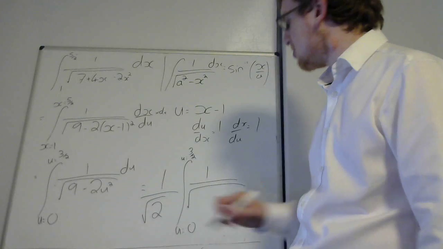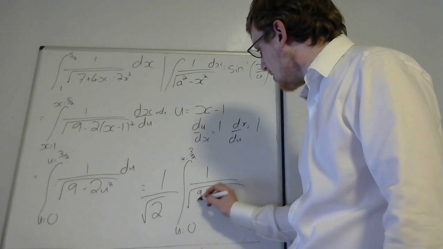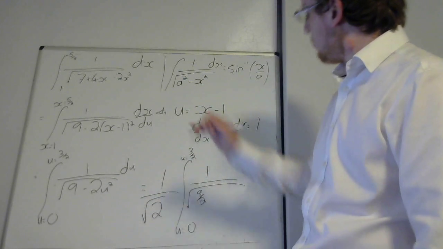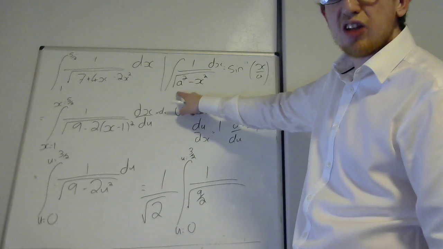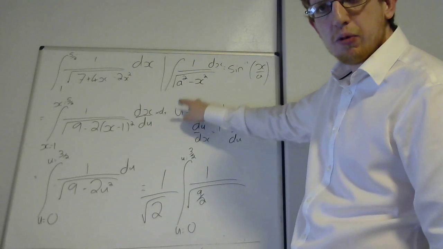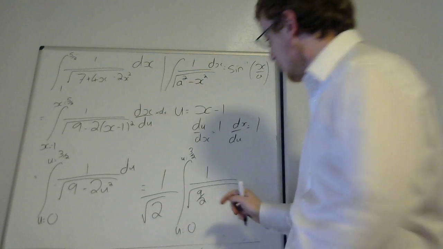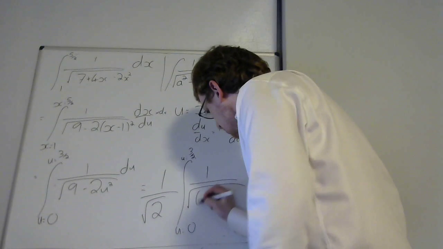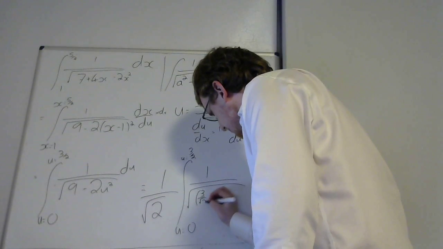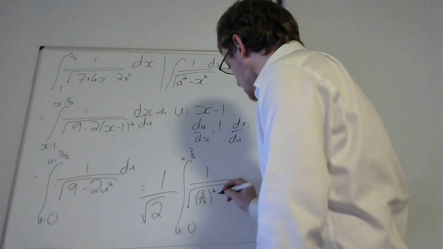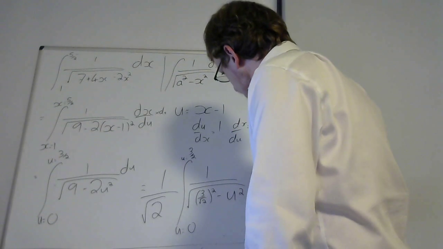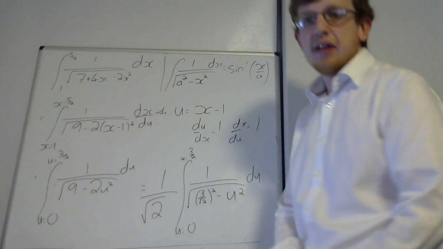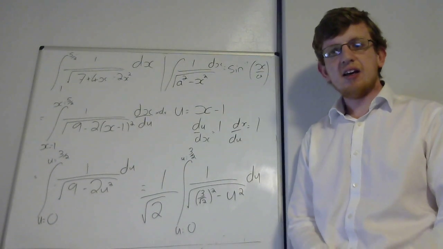So that 9 has had a 2 factorised out of it, so that would be 9 over 2. But I'm going to write it as a number squared, so that will help me with my rule later. So 9 is 3 squared, 2 is root 2 squared. So this is 3 over root 2 squared minus u squared du.